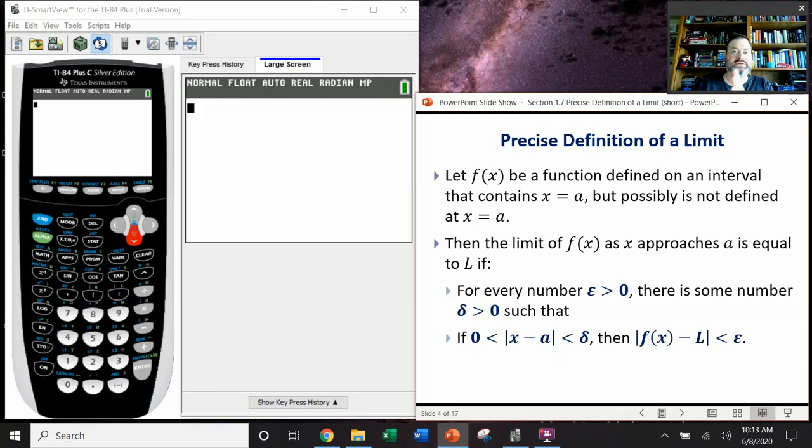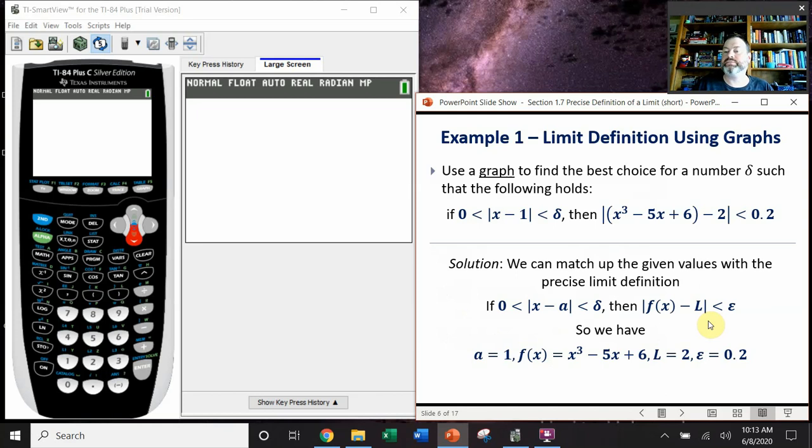Right? The limit as x approaches a, right? And then L, that's our y-coordinate limit. So the two numbers that appear inside the absolute value are, here it is right here, a and L. So all we have to do is match everything up, right? So look here. x minus 1 less than delta, x minus a less than delta. So a must be 1. So just write a equals 1.